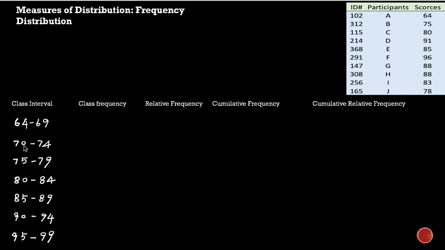Second one, 70 to 74, and so on until this one. So for this interval, the range is 5, or the bin is 5. 0 plus 4, the bin is not 5, it's 4. 0 plus 4 equals 4, 5 plus 4, 9. So the range is 4.